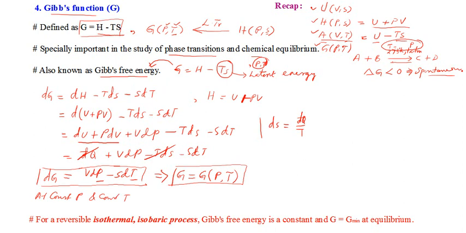You can see that dP will be equal to 0 and dT will be equal to 0. Under this condition, dG will be equal to 0. What does it mean? You have the trivial conclusion that G will be equal to a constant for such a process.